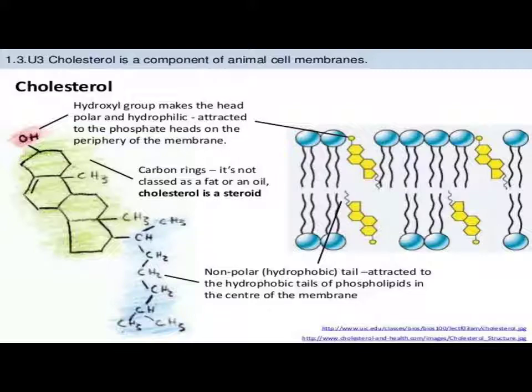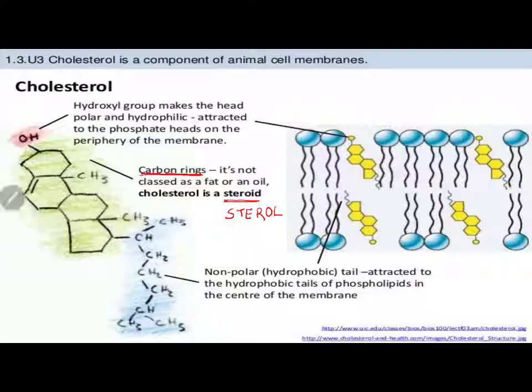If you see this, we have a picture of cholesterol here which shows carbon rings. You can clearly see the rings here. It is a steroid. This ring itself is called the sterol ring. This is a carbon ring structure.